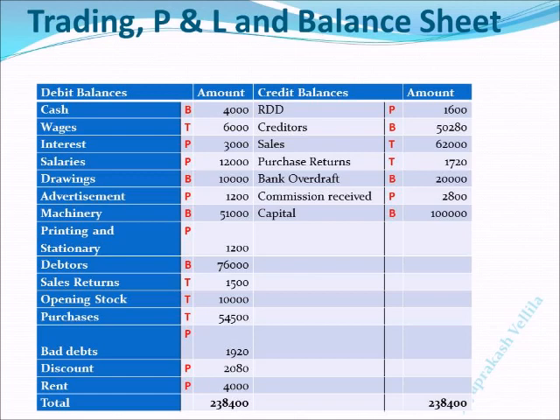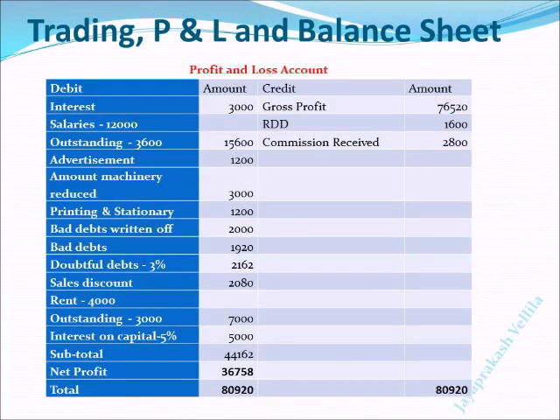As per trial balance, RDD is given as 1,600. We know that RDD on the right side is a security deposit made by the creditors, so it is an income for the company. It should be reflected in the profit and loss account.